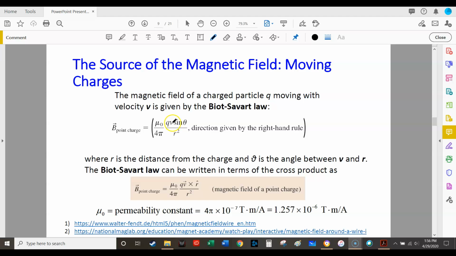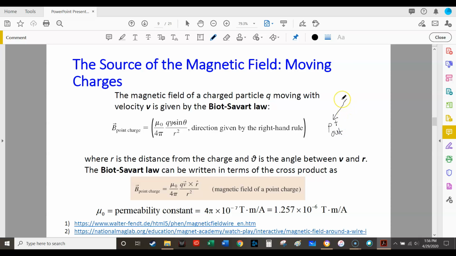And the reason why this is sine of theta right here is that the direction that a particle is moving, okay, so let's say a positive particle is going to be flowing out of the page. So you got a positive particle moving out of the page, right, at this point.